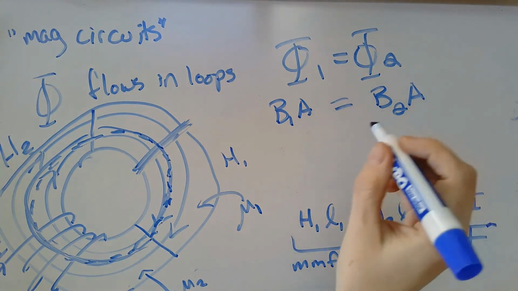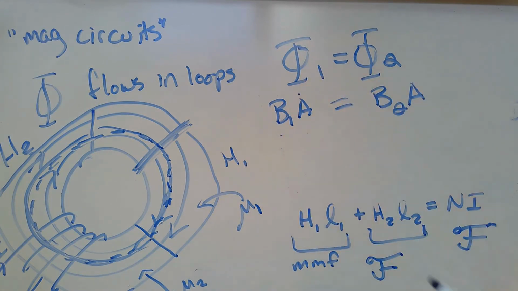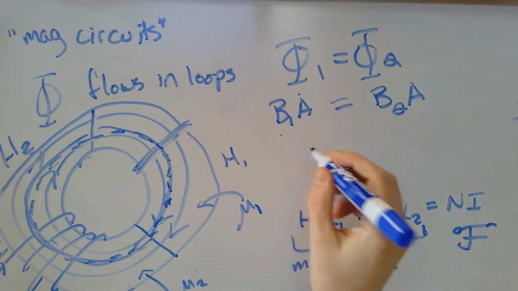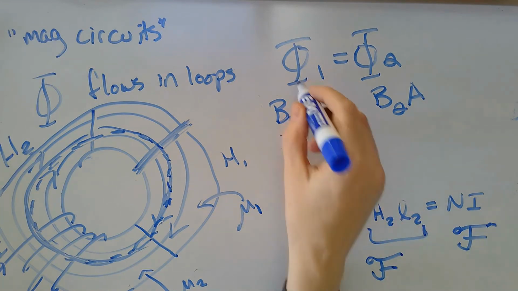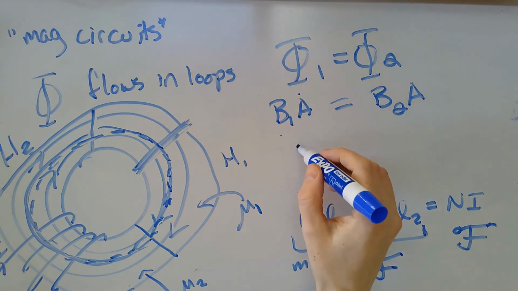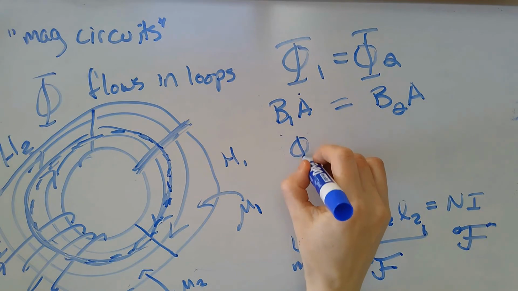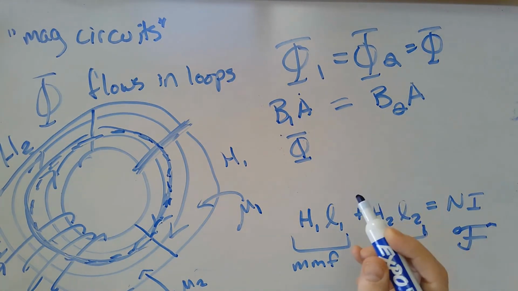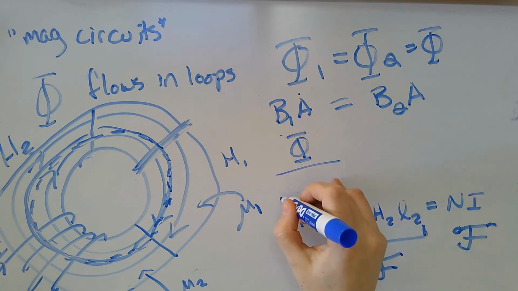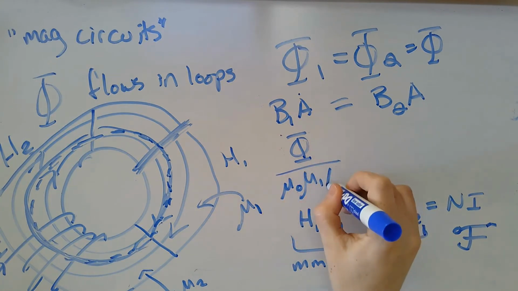The areas are the same, and the B's are the same because the fluxes are the same, which means that the H's are not the same. Right? So we can express H1 in terms of flux. Because we have the same total flux everywhere, we're just going to write it as flux divided by mu naught mu 1 times the area.